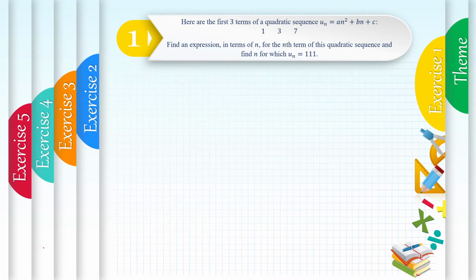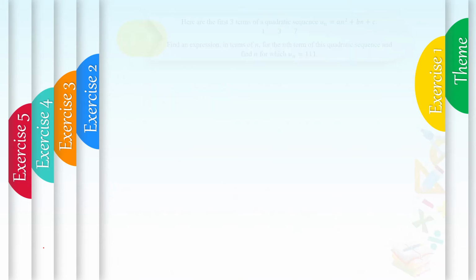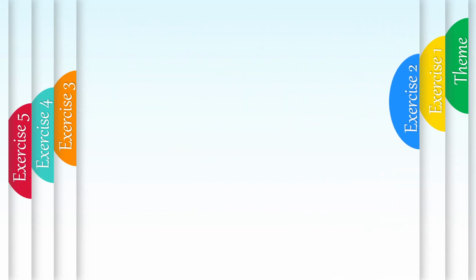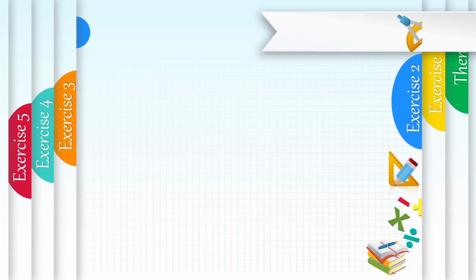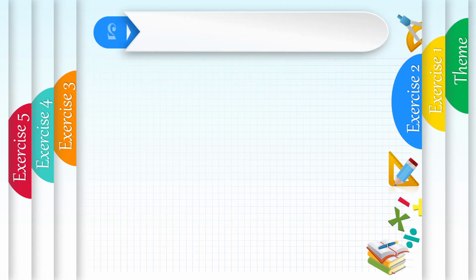So let's move next to the second exercise. And we have the following: if the sequence un is equal to n plus 1 multiplied by 5 to the power n, we have to show that un plus 2 minus 10 multiplied by un plus 1 plus 25 un is equal to 0.